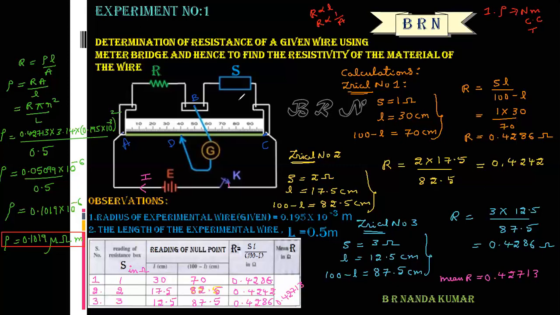It is an arrangement of four resistances in the form of a quadrilateral, used for measuring one unknown resistance in terms of three known resistances.